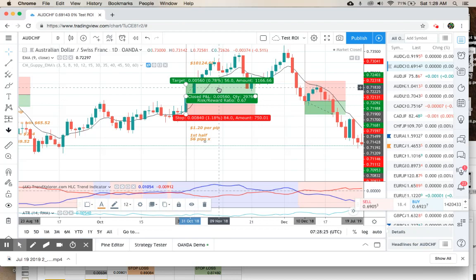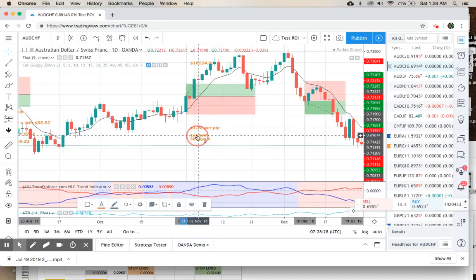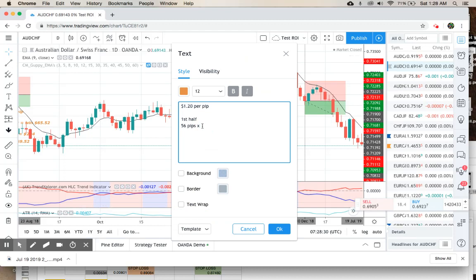Oh, sorry, $1.20. That's right. Times $1.20 a pip equals 56 times $1.20, which is $67.20.